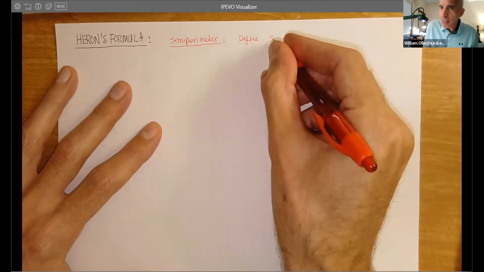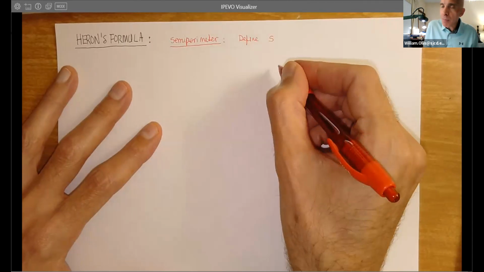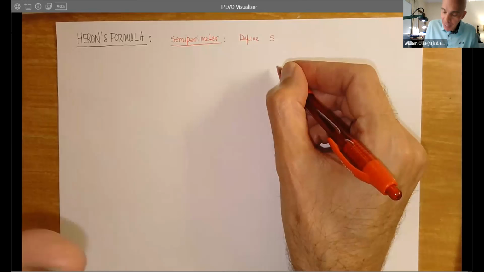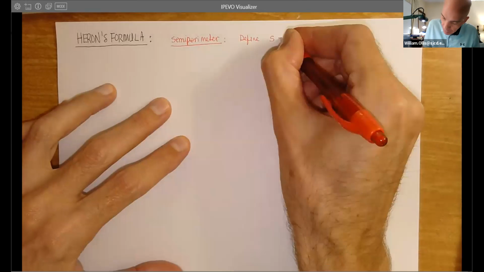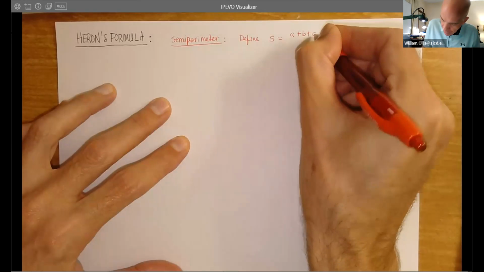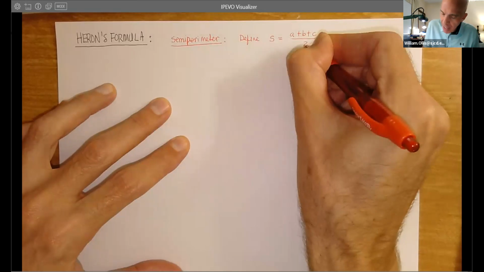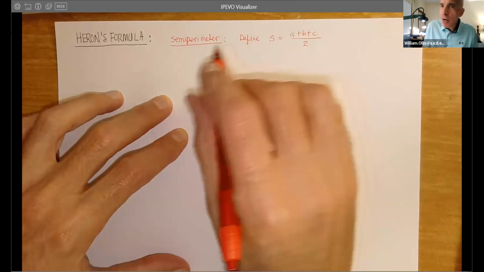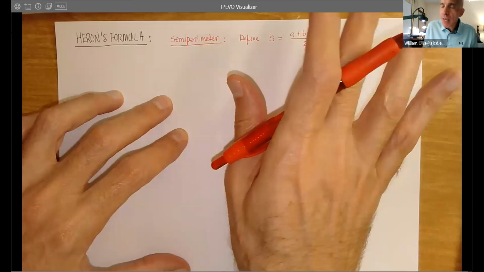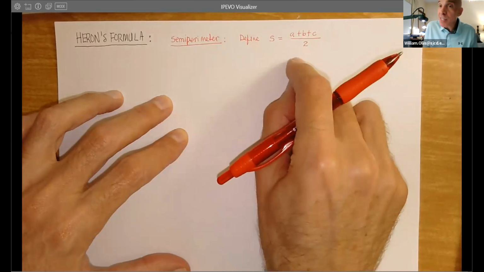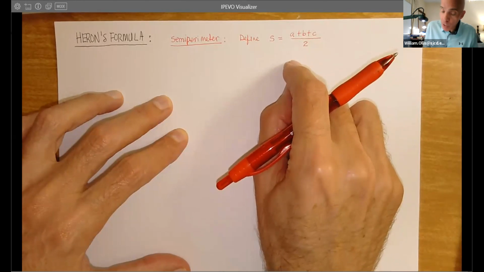That's not arc length. It's just going to be the sum of the lengths of the triangle legs divided by 2. So this is just a particular object that actually appears in the calculations, or we make it so that this appears, and this simplifies the statement of Heron's formula.